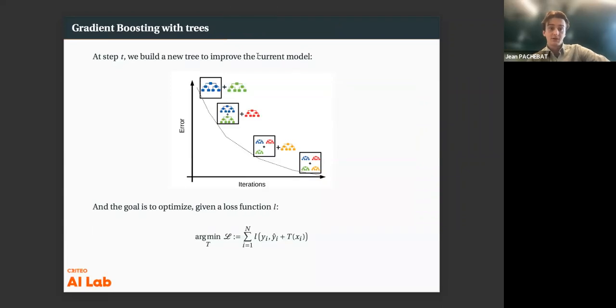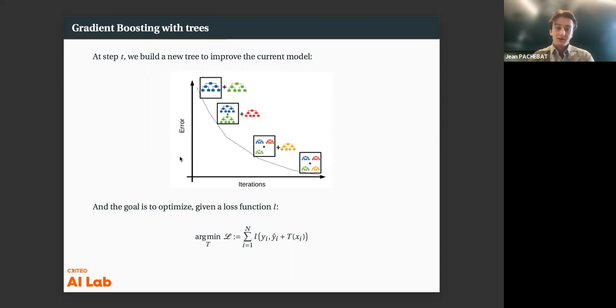So now, gradient boosting with trees. How do we do gradient boosting with trees? At each step, we are trying to build a new tree to improve the current model. Here is a plot to explain how it works. The x-axis is the number of iterations, the y-axis is the error.